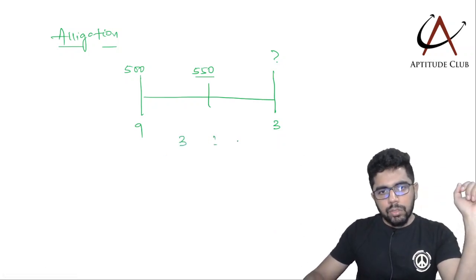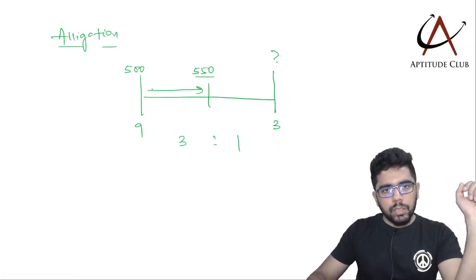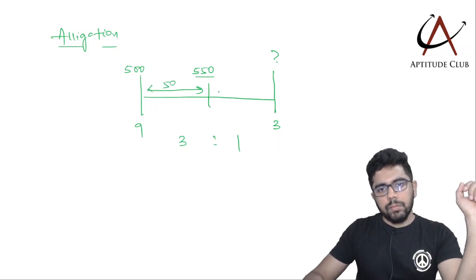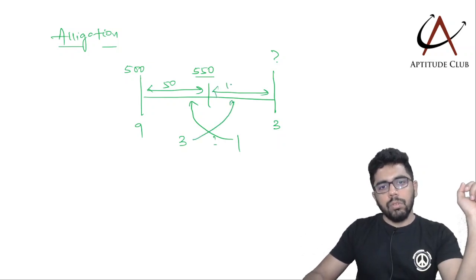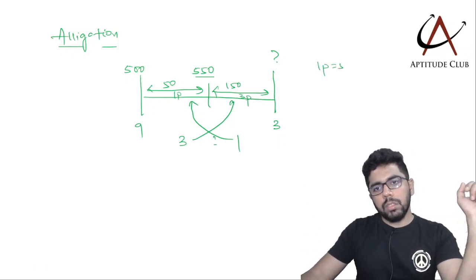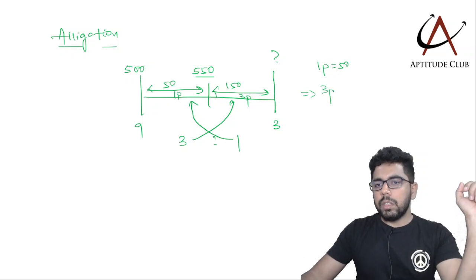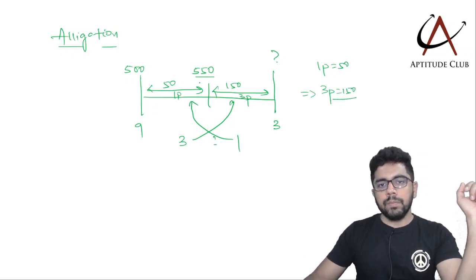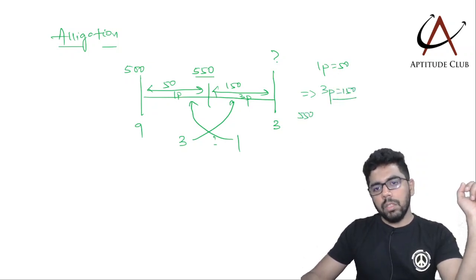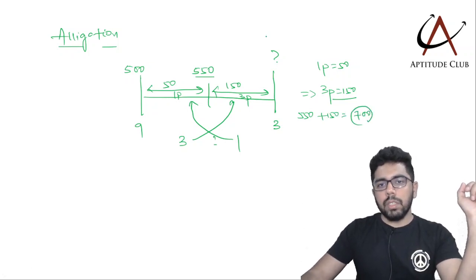So this is like 3:1. This gap is 50, so 1 corresponds to 50. That means 3 will correspond to 150, because this will be 1 part and 3 parts. Hence 550 plus 150: his savings in the last 3 months should be 700.